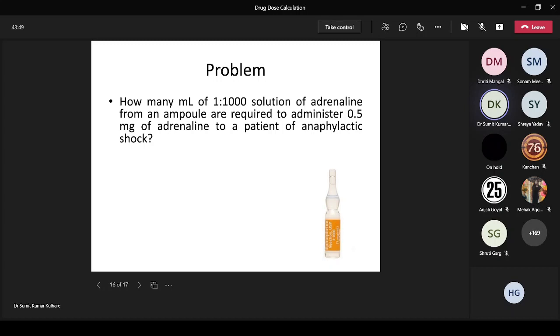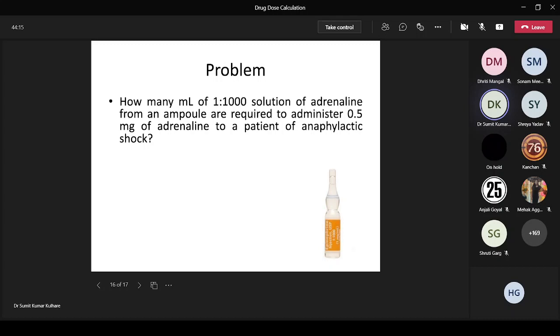Suppose a patient of anaphylactic shock comes to you. Now you are very brilliant. You know you have to administer adrenaline, and you also know that you must administer 0.5 milligram of adrenaline intramuscularly. But the bottle does not mention whether the values are in milligram or milligram per ml. Here we don't have that Q and H available to us clearly.